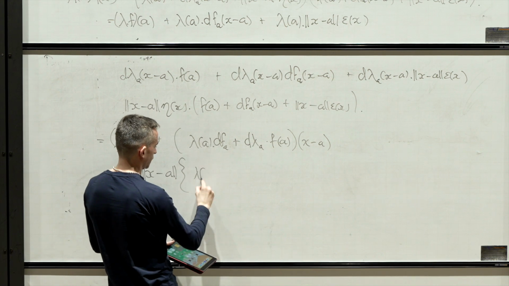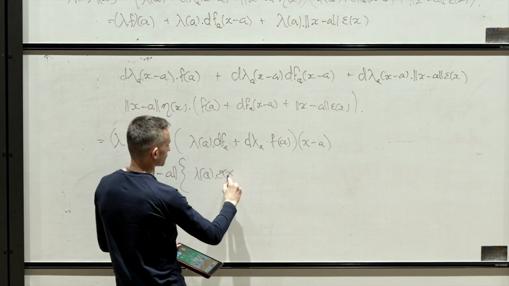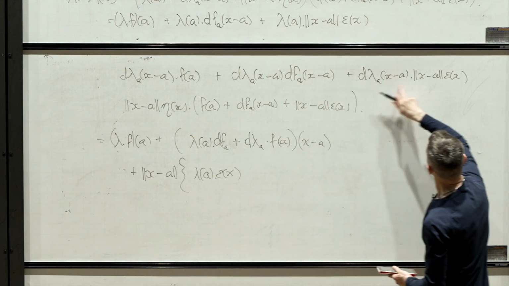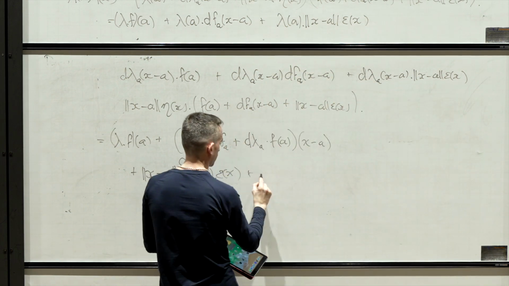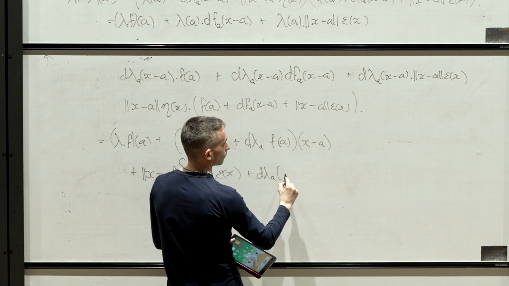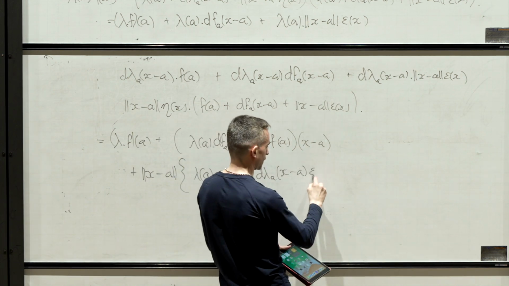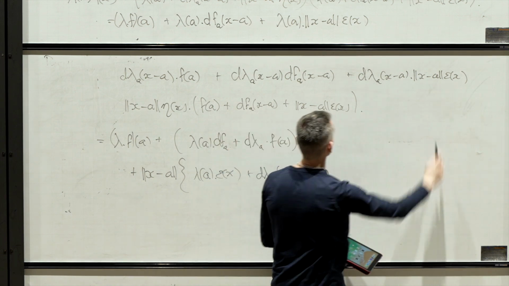You get lambda of a times epsilon of x. From that term, we've got d lambda of a times x minus a, again times epsilon of x, which is this term.